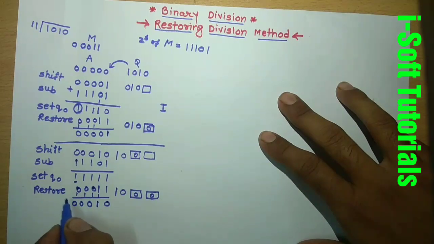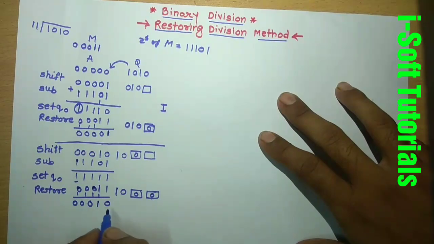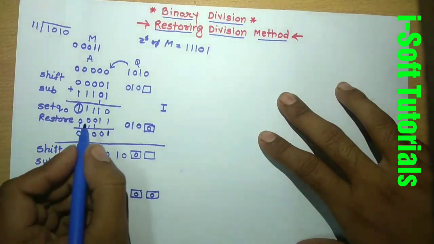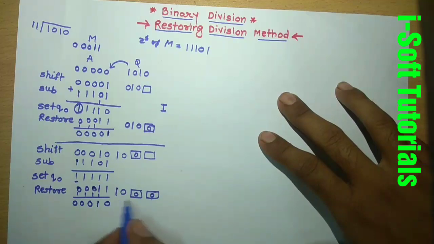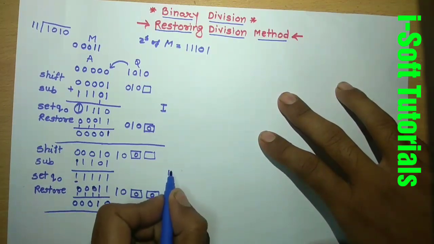Here if a carry is generated from the last bit, then we are not considering that carry. Why? Because we have to keep that number as a 5-bit number. So here I am always discarding the carry generated from the last bit. So here again we have updated this Q. This is step number 2.